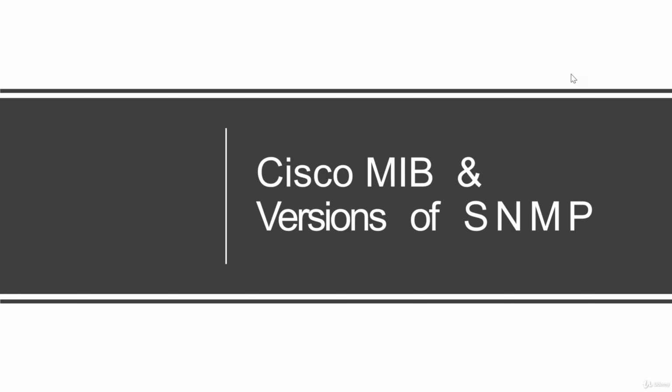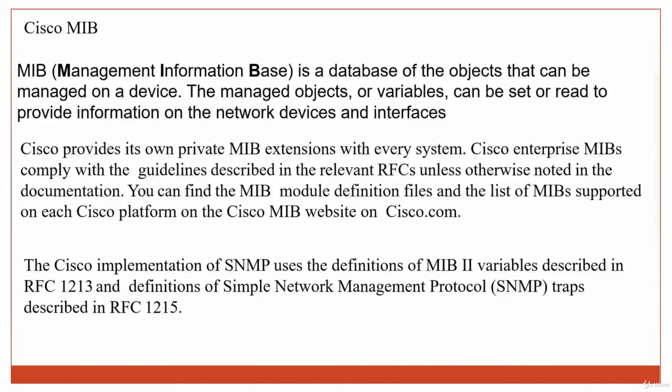Let us understand Cisco MIB and versions of SNMP. Now this MIB is nothing but a database, and it is in the form of a tree structure. If you want to learn more about MIB, you can refer to RFC 1213, and for traps we have 1215.